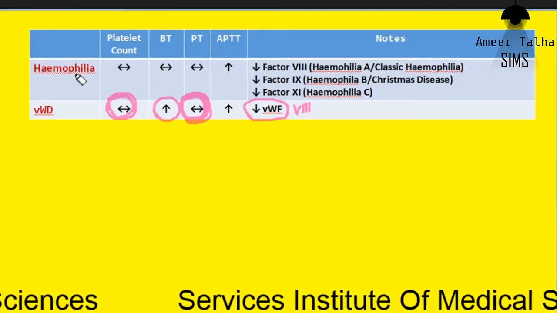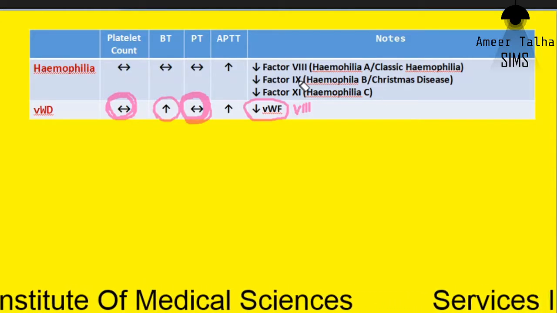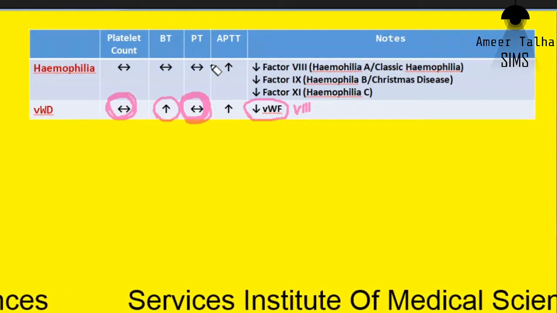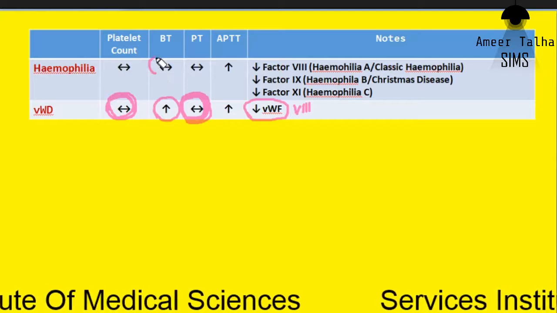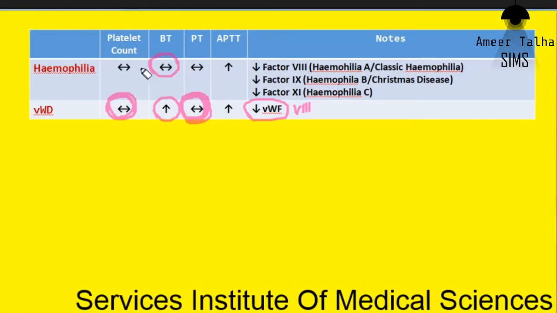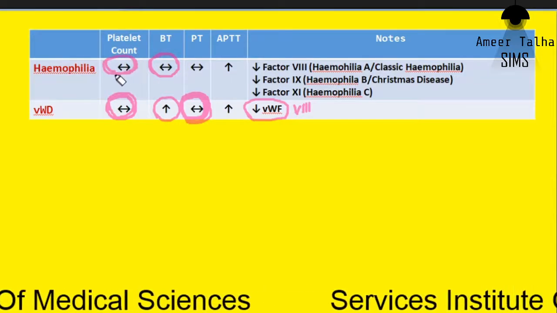You are right. In hemophilia, whether 8, 9 or 11, there is nothing wrong with the platelet adhesion. That is the reason the bleeding time is within the normal range. Platelet adhesion is normal. Moreover, the platelet counts are also normal.